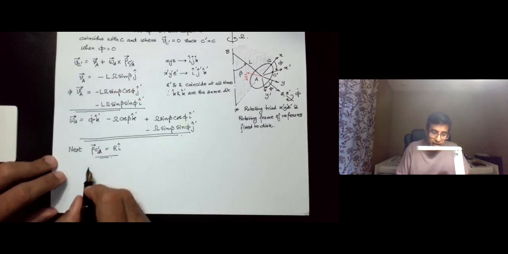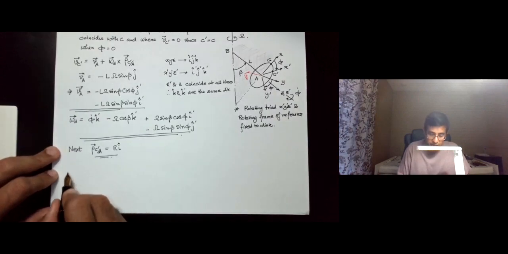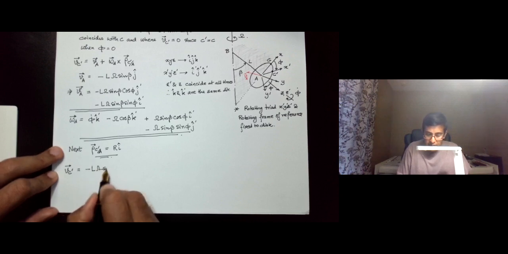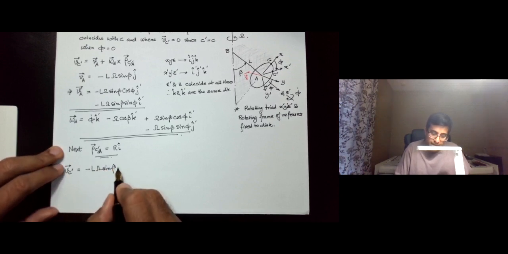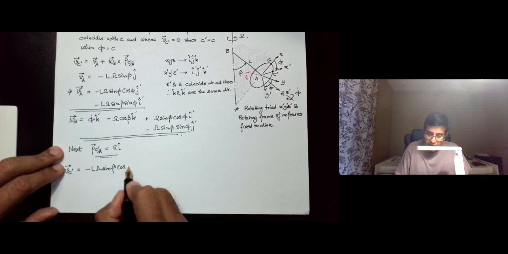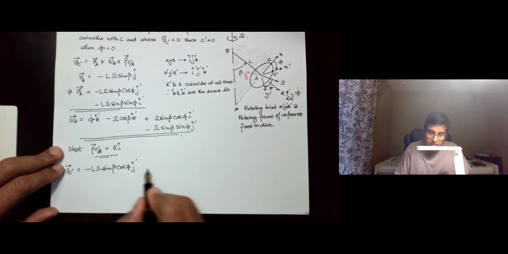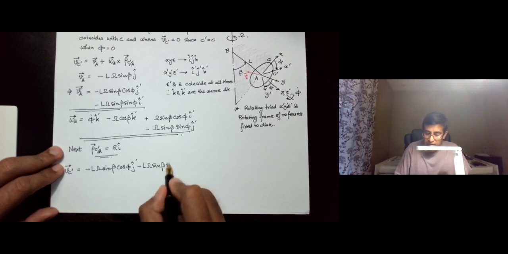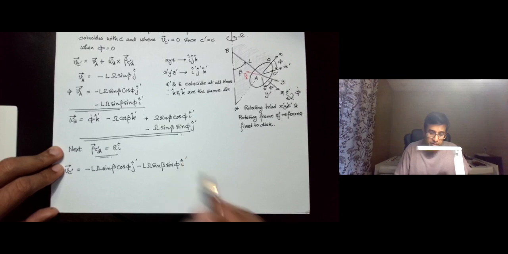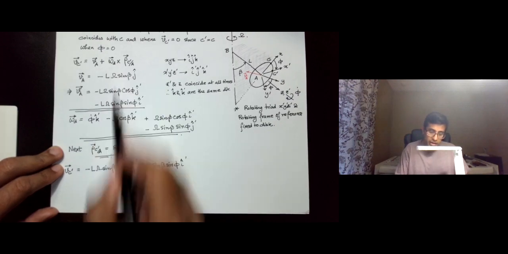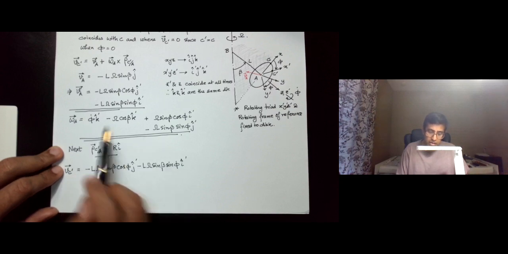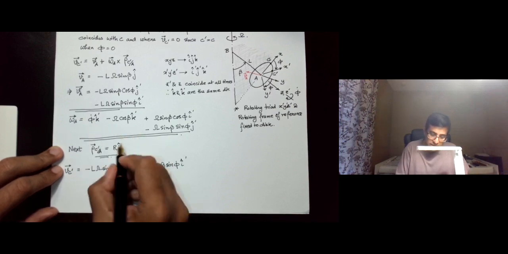Now if we plug these vectors into this equation, we get Vc prime is equal to negative L omega sine beta cosine phi j prime minus L omega sine beta sine phi i prime, and then omega cross rho c prime with respect to A. So we will do k prime, and this is in the i prime direction.